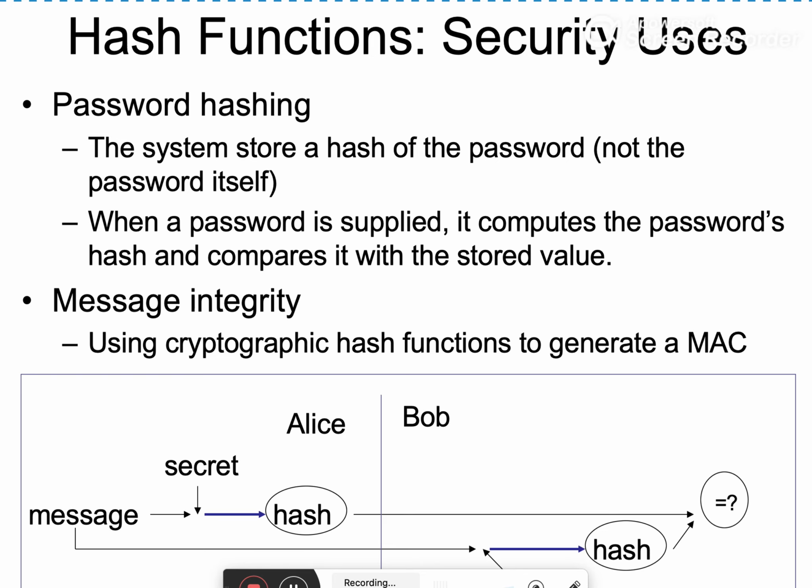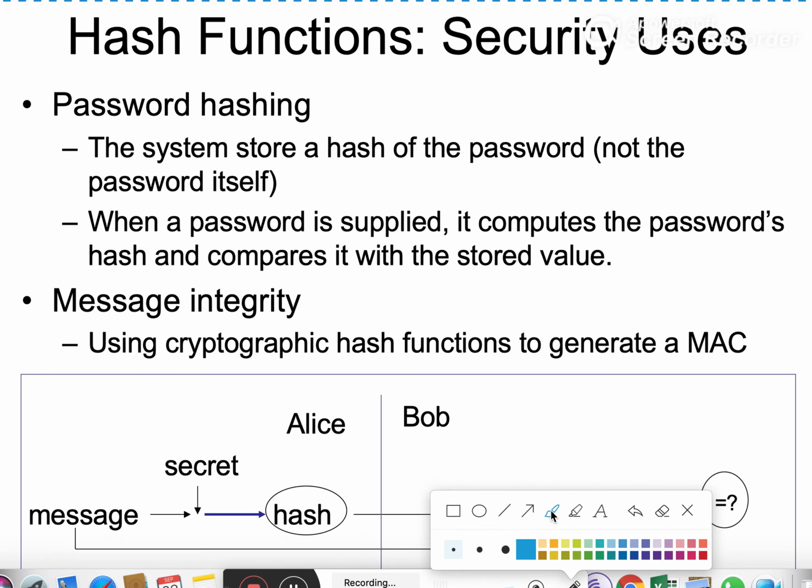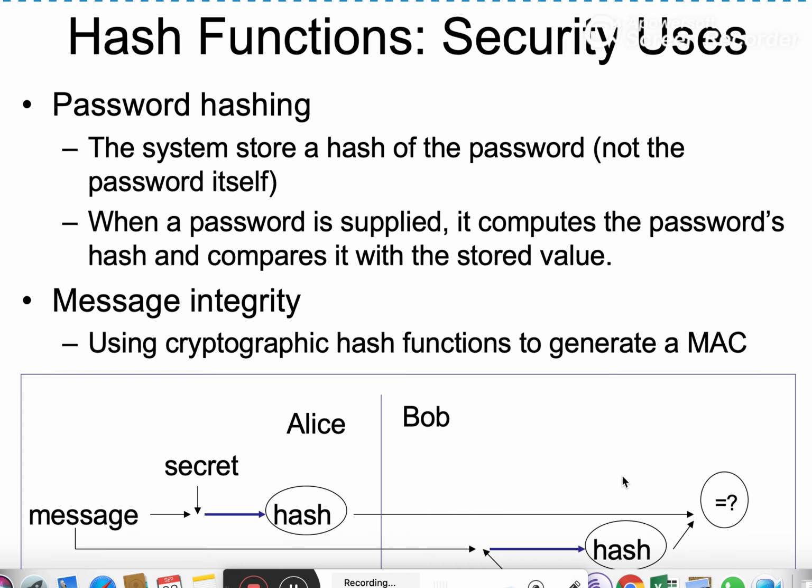The secret key is not visible here, but it is there. To this hash function, we give the secret key also as an input and then compare the calculated hash with the received hash. If both hashes are the same, the message has been authenticated.